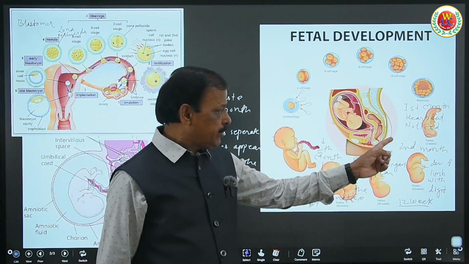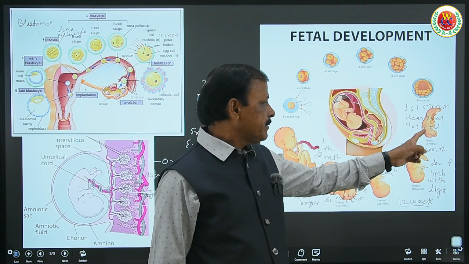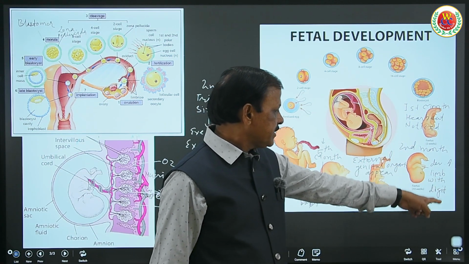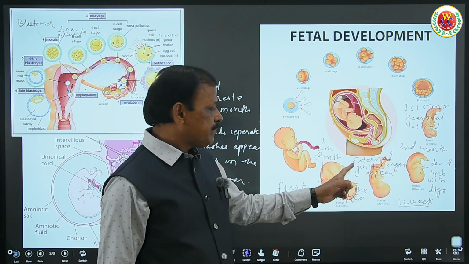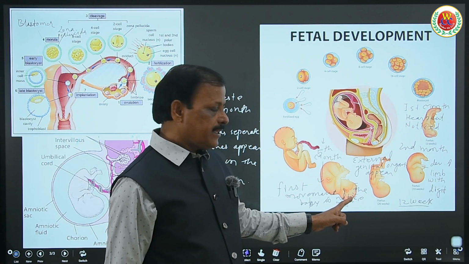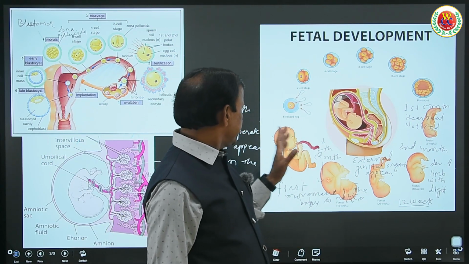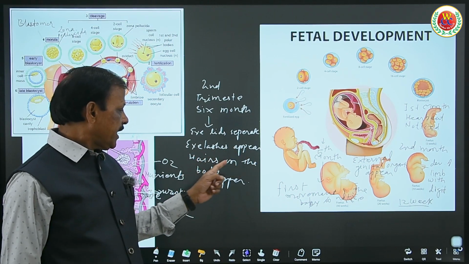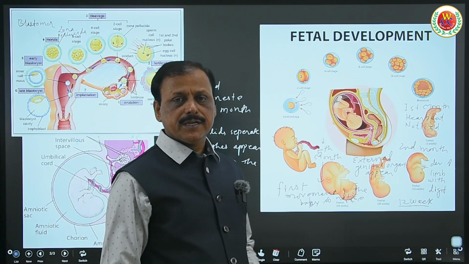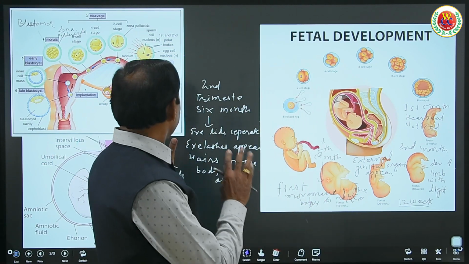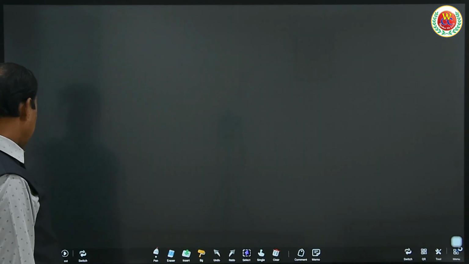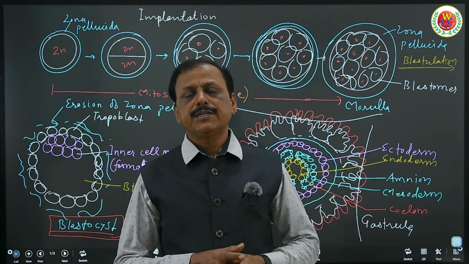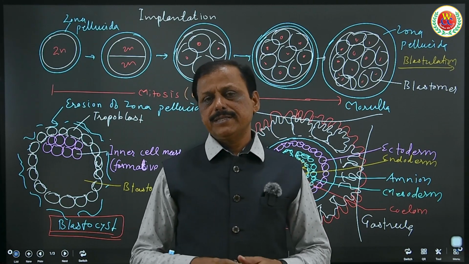Once again, to repeat the developmental stages, first month heartbeat is being noticed. By the second month, limbs and digits are developed. By the end of the 5th month, first movement of the baby, and hairs on the head appear. And by the end of second trimester, eyelids separate, eyelashes appear, and hairs on the body begin to appear. And by the 9th month, fetus gets completely developed to have the birth. So I hope that you did understand the process of implantation and development of baby day and month wise.